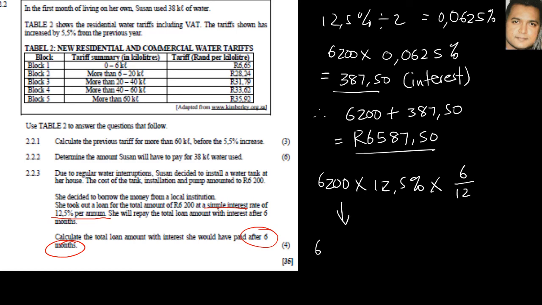Another way we could look at it is 6,200 times 0.125, that we've basically divided by 100 already here, and we multiply by 0.5. So those are the 3 ways in which we could work it, but remember, you'd end up with the same answer of 6,587 rand 50 cents.